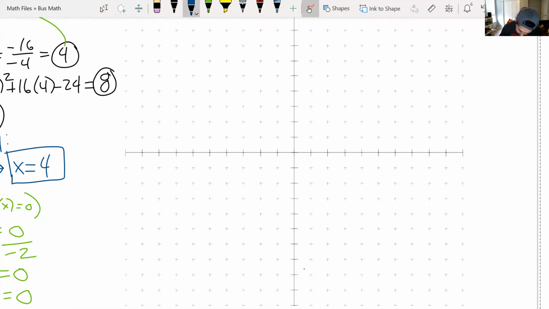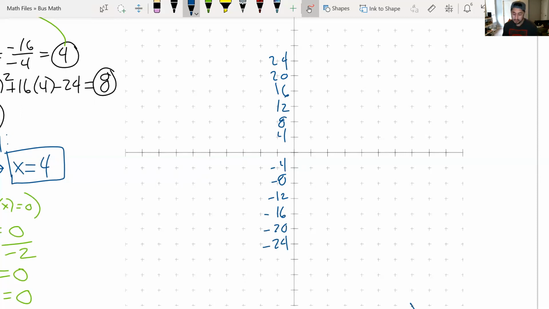This will be 4, 8, 12, 16, 20, 24. Same thing down here. Negative 4, negative 8, negative 12, negative 16, negative 20, negative 24. And then everything else, I believe my x-axis can stay the same.